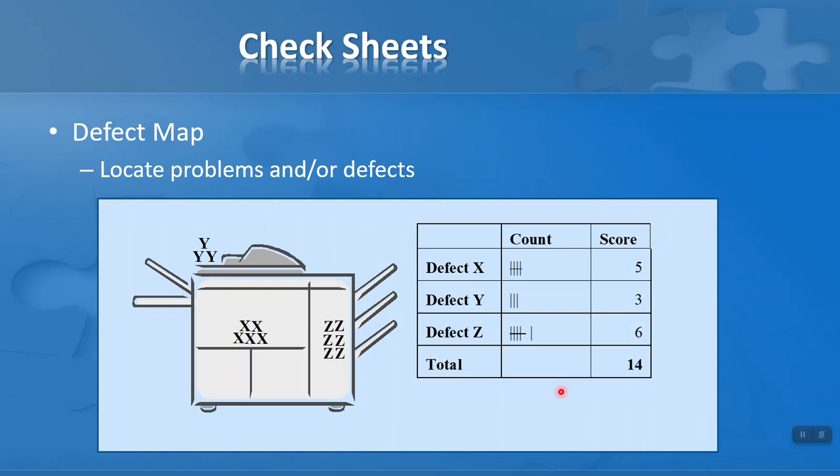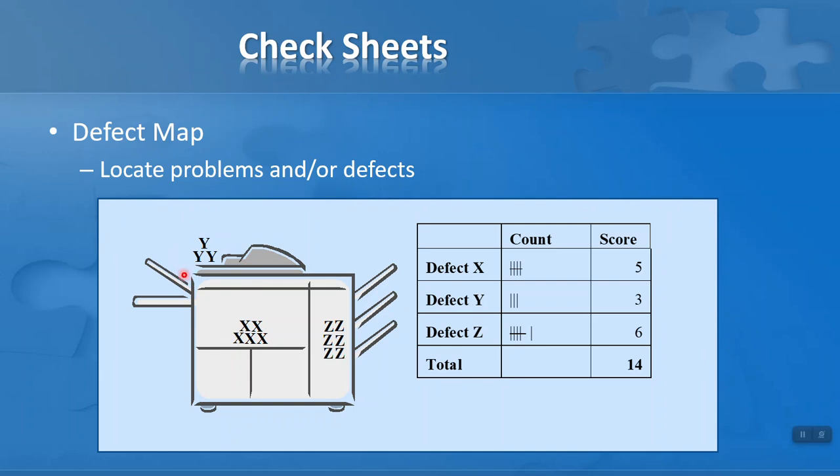A defect map is a variation on the tally check sheet. We can see I'm using it in conjunction with a tally check sheet here, and we have a photocopier machine on which errors occur or defects occur, as we all know happens all the time. But in addition to this, we've got 3 defects, X, Y, and Z. In addition to the count of each of these occurring, we also have, using a defect map, the location of where they are occurring.